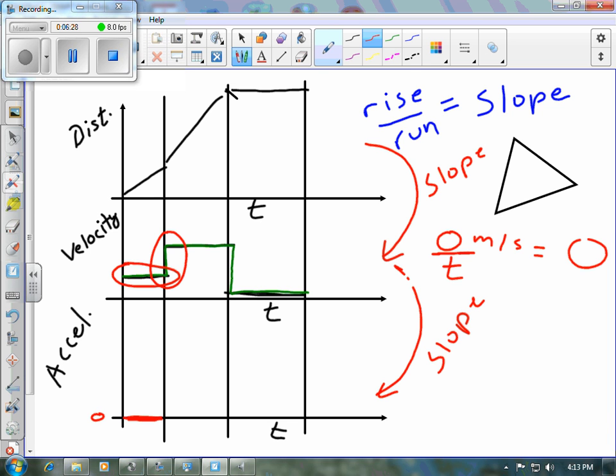What is the acceleration during this portion of the graph? Michael? No, good guess. Nicholas, do you know? How much time elapses in that part of the graph? Right, 0. And what's the velocity at this point in the graph? Yeah, it's higher.